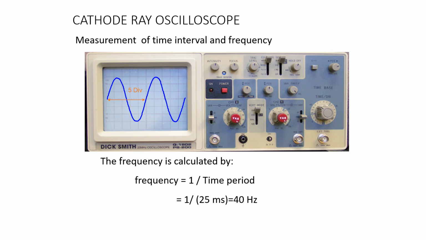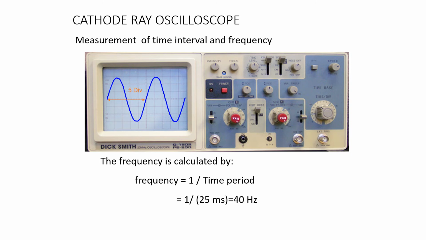To calculate the time period of frequency for one complete cycle, you check the time per division control into number of horizontal divisions for one complete cycle, which gives you the time period. Time per division into number of horizontal divisions gives you the time period. So, to calculate the frequency, 1 by time period is nothing but the frequency of the unknown signal.